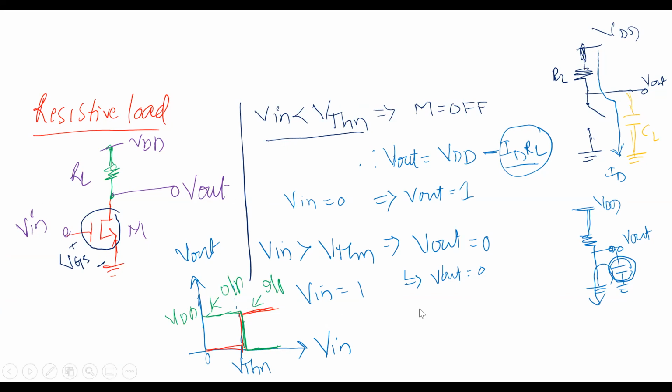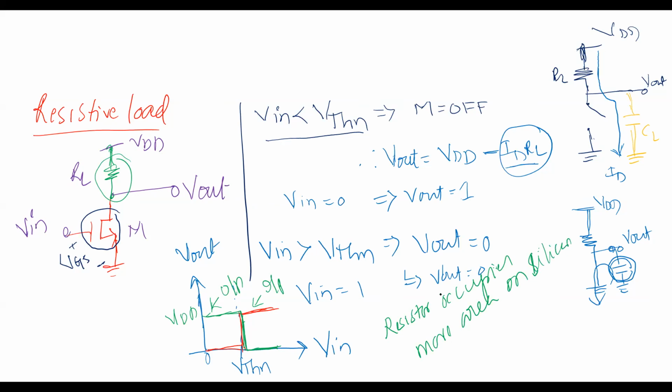Okay. So, what are the disadvantages with the resistive load? We'll discuss now. The first main disadvantage of using a resistor as the load here is that the resistor occupies more area on the silicon.